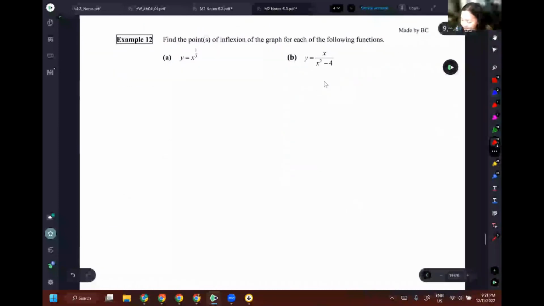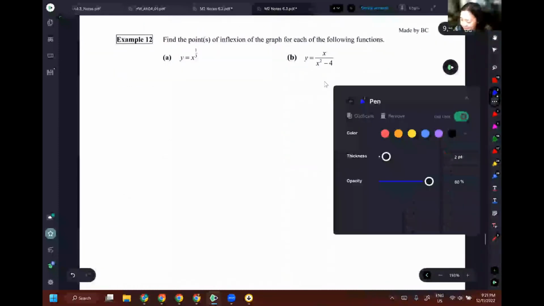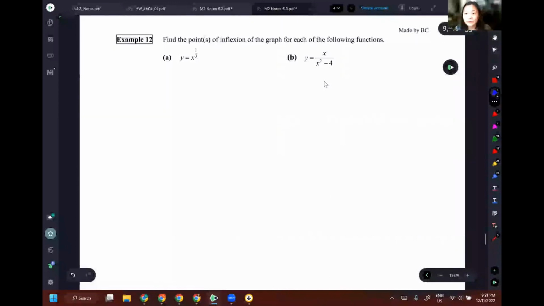Next example. In this example, I think we will see the other one. Find all the points of inflection. y prime, y prime prime.